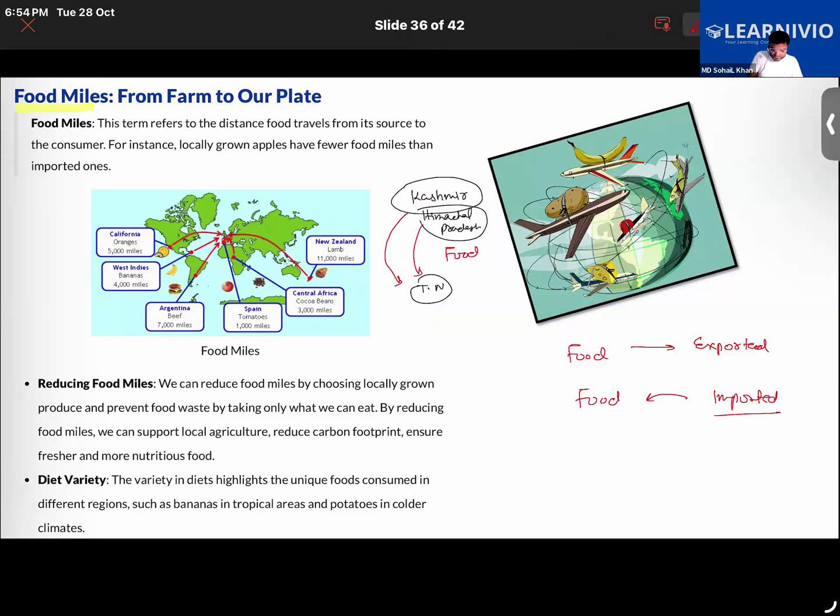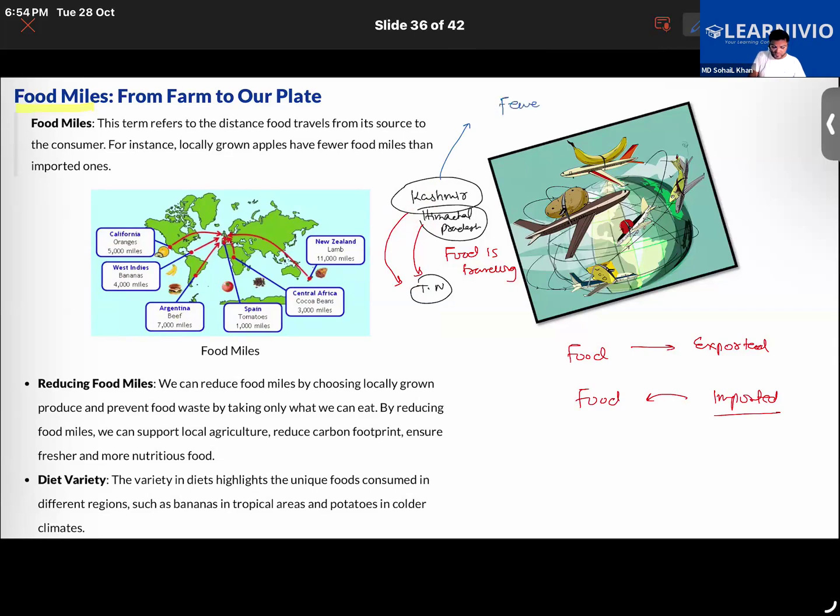So food is basically traveling from one state to another. The people living in Kashmir and Himachal Pradesh don't have to import this food from other places, so there will be fewer food miles.